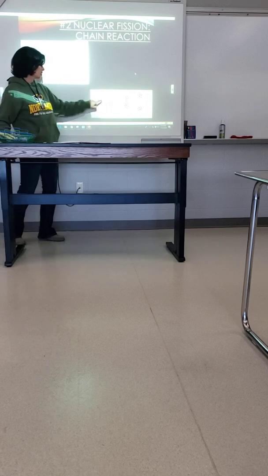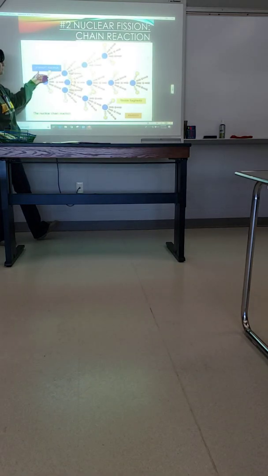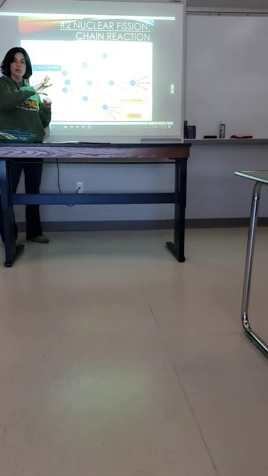And then those 3 neutrons can act like this one and continue the process over and over. So you can see this going on and on. So this is the chain reaction. The uranium is the blue, and as long as there's uranium, if there's neutrons there that can bombard it, it will cause those uraniums to continue to split and split and split until it runs out of uranium.